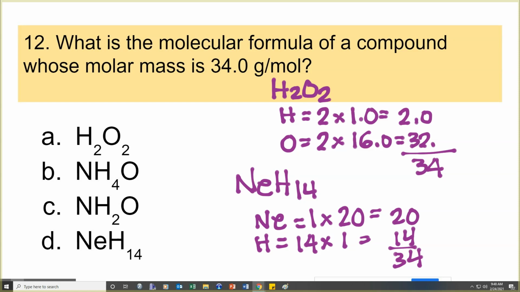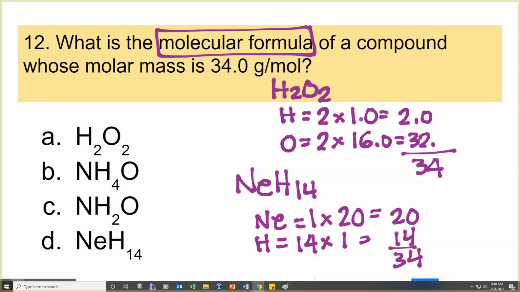Well, let's look at the problem in detail. It says there, what is the molecular formula of a compound? So molecular formula, that's our key there. Remember, guys, when we say molecular formula, the subscripts, you can still divide it by a certain number and make them lower.